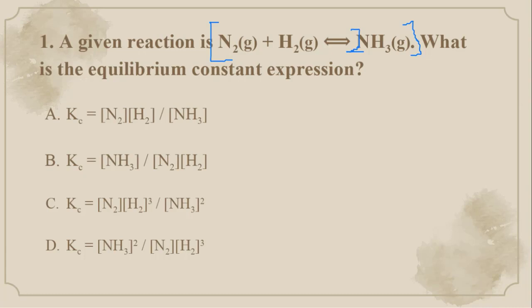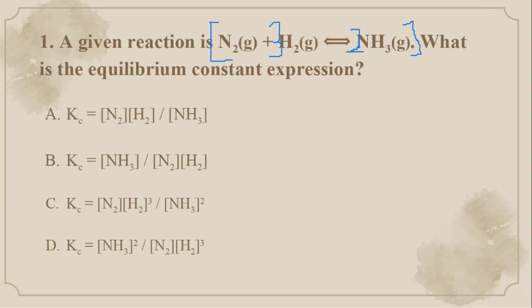We want to put a 3 in front of H. So now we have 6 H's on each side and 2 N's on each side. Does this look balanced now? Yep. So now that we have a balanced equation, we can figure out which one of these it is.